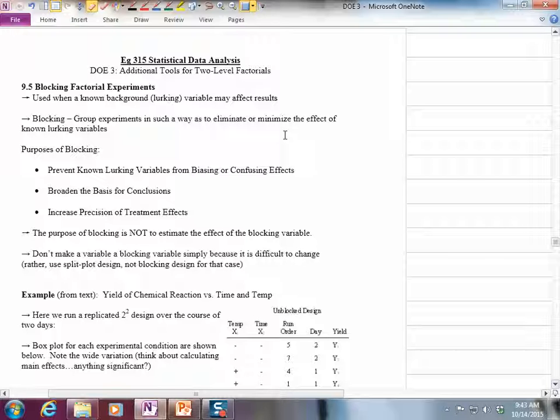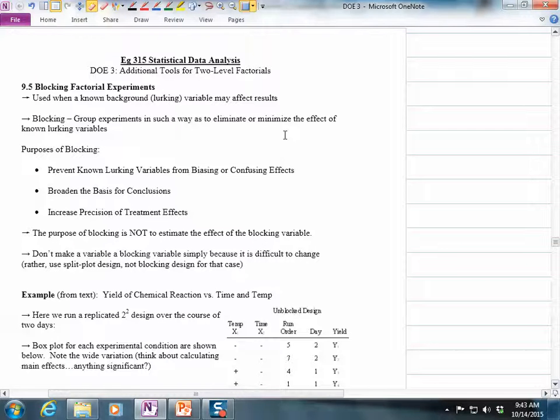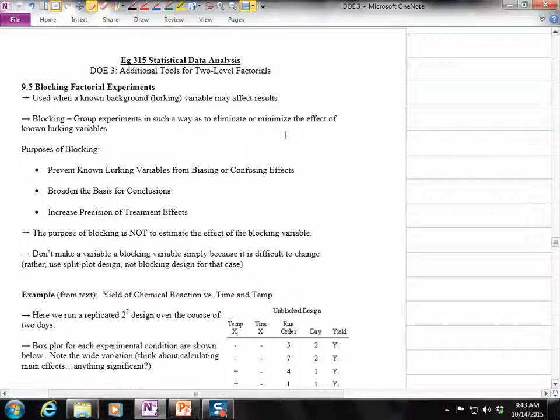Okay. The last topic of this section of notes has to do with blocking. Yes, curvature can be negative. It's just that your center points are below your model predicted value.